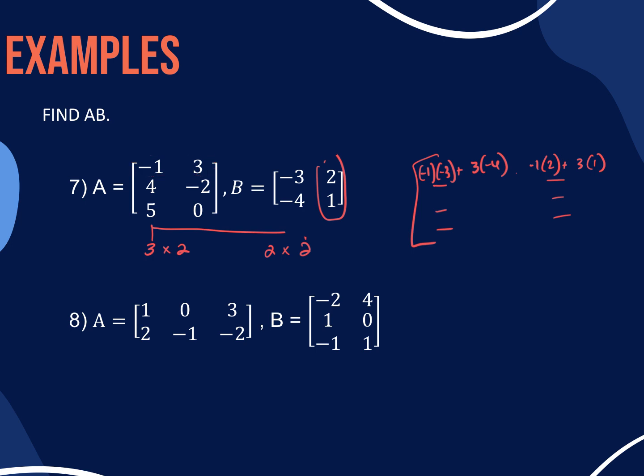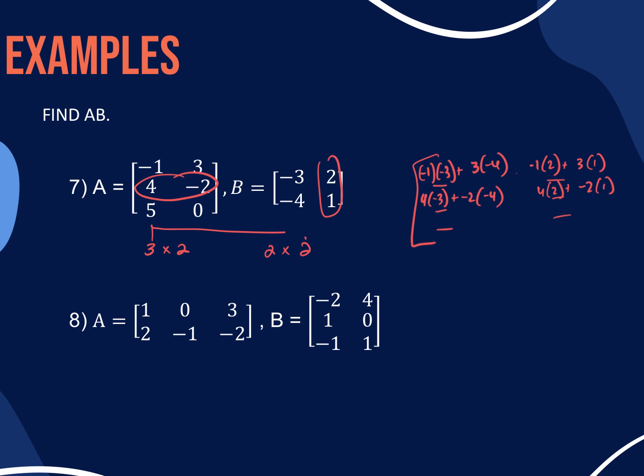So now I'm here. I'm going to do the middle row and the first column. So that's going to be 4 times -3 plus -2 times -4. And then the right side is going to be multiplied by this column. So it's going to be 4 times 2 plus -2 times 1.